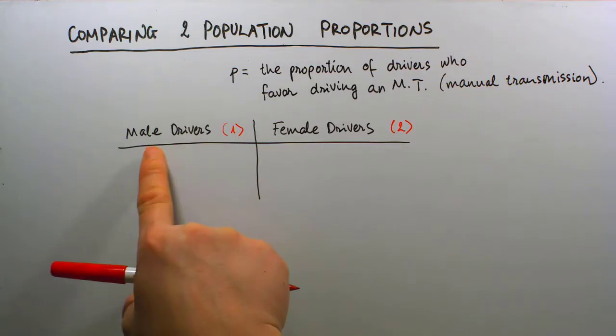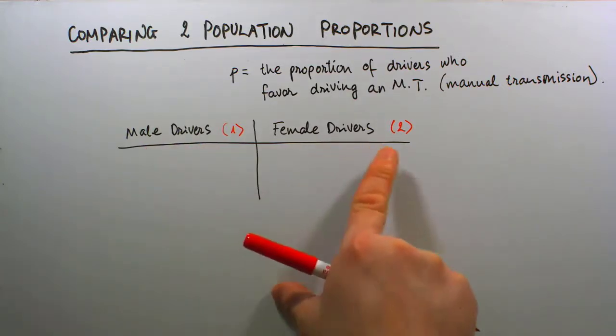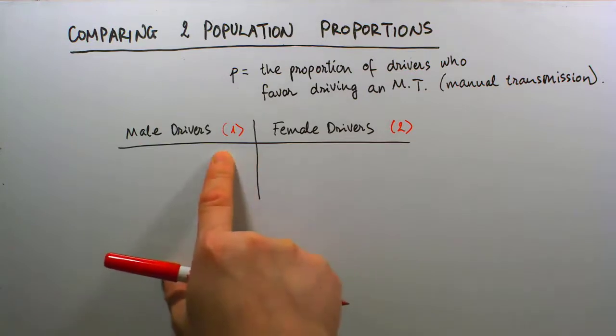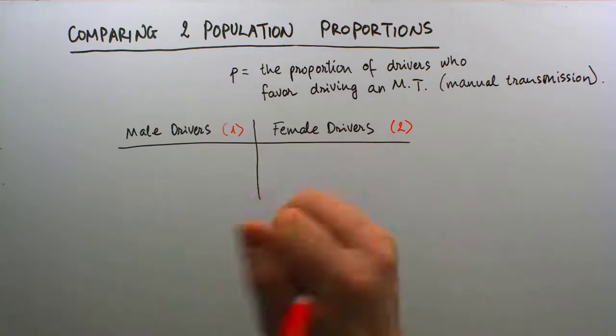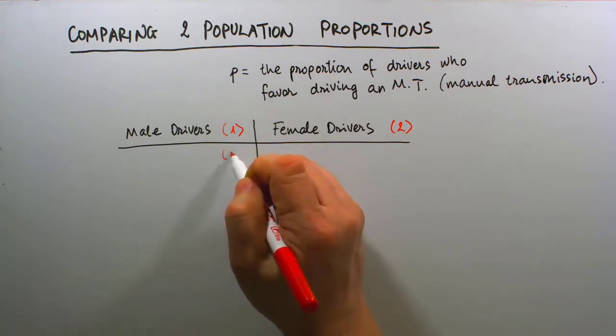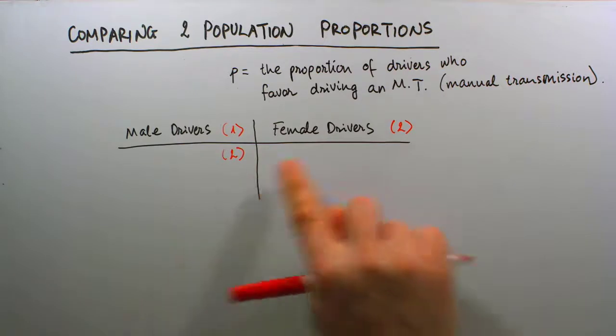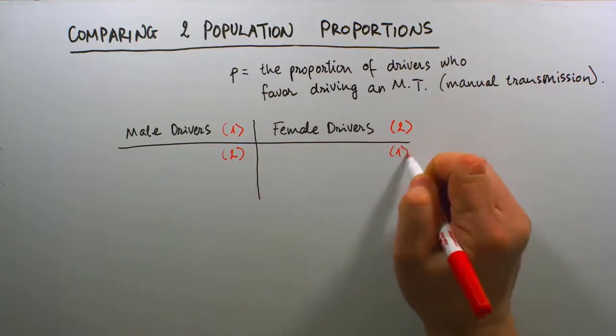that the male drivers population is more favored than the female drivers population, because right at the beginning, as I was setting up the two numerical labels here, this male drivers population could have also been population number 2, and the same for the female drivers. It could have been labeled the other way as well.